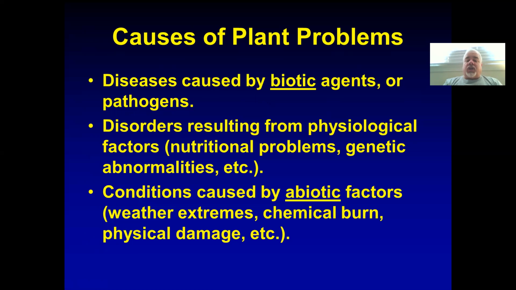In addition, there are other categories of plant problems. One is called disorders. A disorder might look like a disease, but it's resulting from some physiological factor. Maybe there's a nutritional problem. It's nitrogen deficient. It's zinc deficient. Zinc deficiency looks like a virus sometimes. A number of deficiencies look like viruses. They're not.